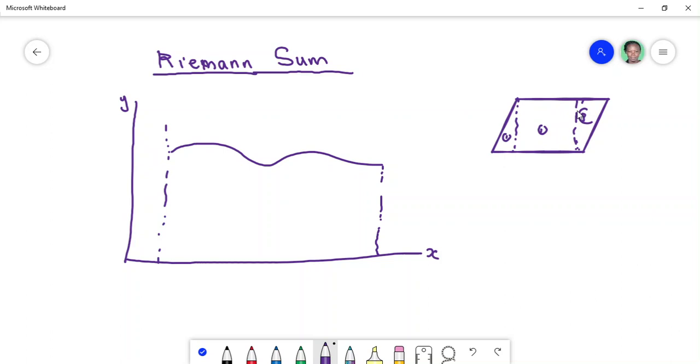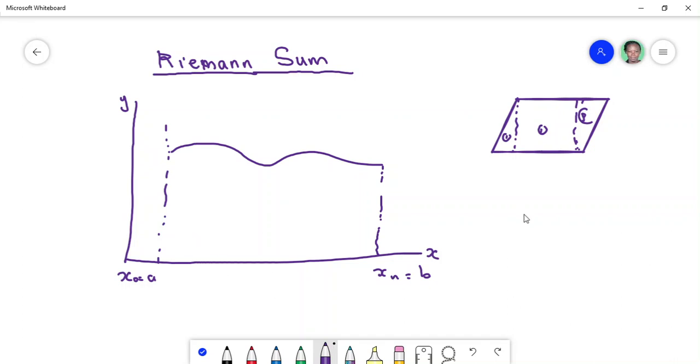So when you have a non-negative function like this, which is continuous over a certain interval, we are saying it's from x0 equal to a to xn, which is equal to b. I can partition this.